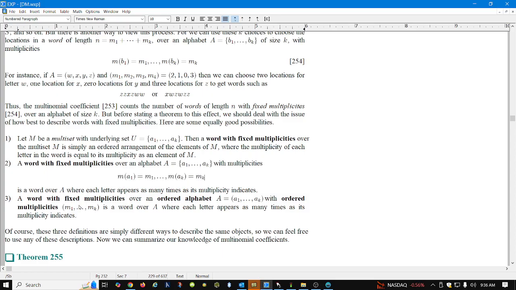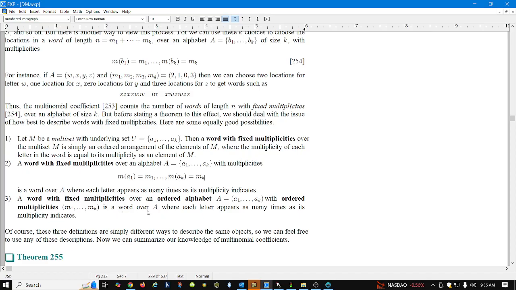A third way to do this is to say that a word with fixed multiplicities is over an ordered alphabet. So our alphabets are ordered, and then our multiplicities can be ordered. So we have a k-tuple of letters in the alphabet and a k-tuple of natural numbers for the multiplicities.